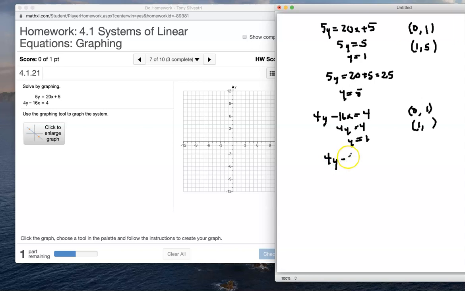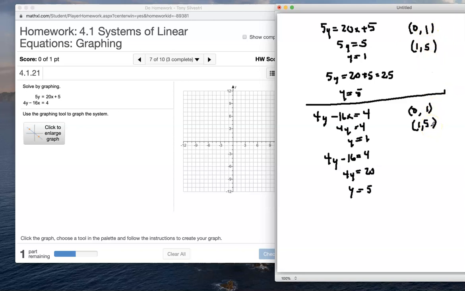Now x is 1, so 16 times 1 is 16, equals 4. I'm going to add 16 to both sides. That becomes 20. If I divide by 4, I get 5. Okay. Interesting. This top equation generated these 2 points, and this bottom equation generated the same 2 points.